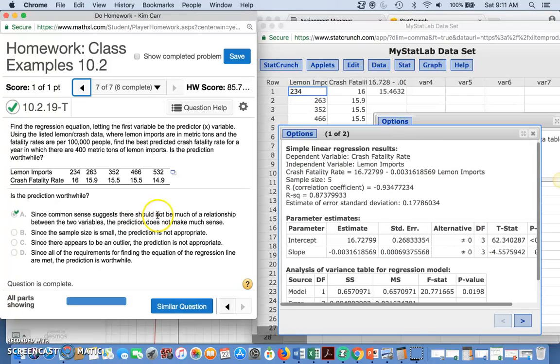Since common sense suggests there should not be much of a relationship between the two variables, the prediction doesn't make sense. Crash fatality rate is not determined by whether your car is good or not. It really has more to do with your driving skills and the driving skills of those people around you.